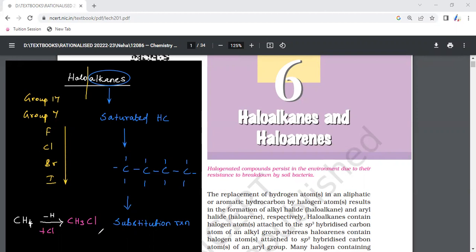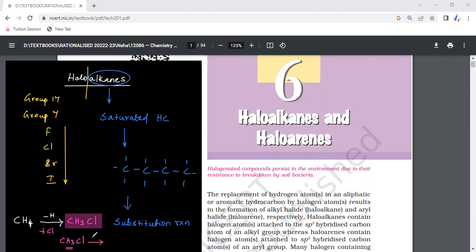This is the IUPAC name, and methyl chloride is the common name. Now this is our haloalkane. This is a monohalo compound. Here, in this monohalo compound, this chloromethane still has 3 replaceable hydrogen atoms.